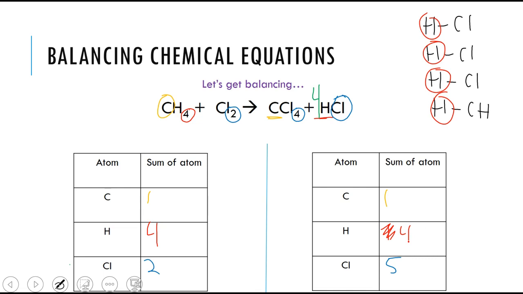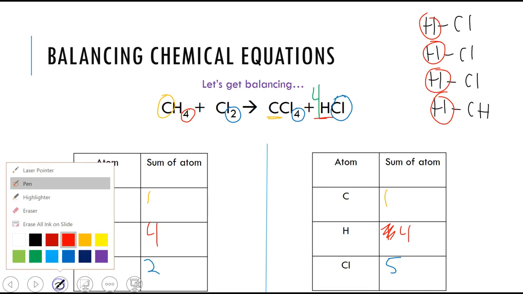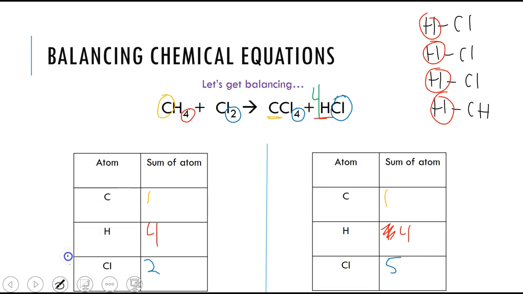So far it looks balanced for the hydrogens, but notice how when we increased the number of hydrochloric acids, we also increased the number of chlorines. So how many chlorines do we have? We have 1, 2, 3, 4. We now have 4, and we also have these 4 from before.